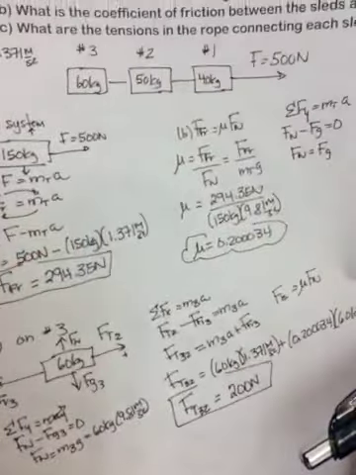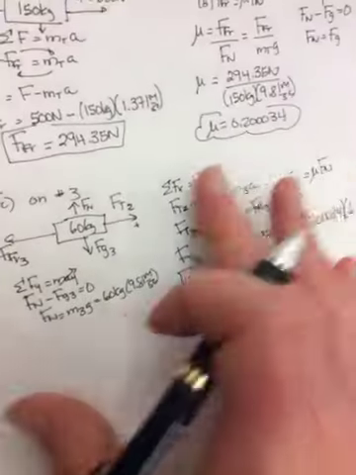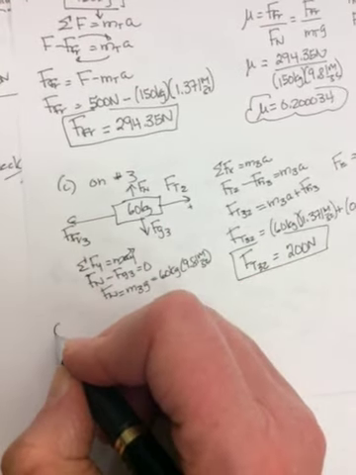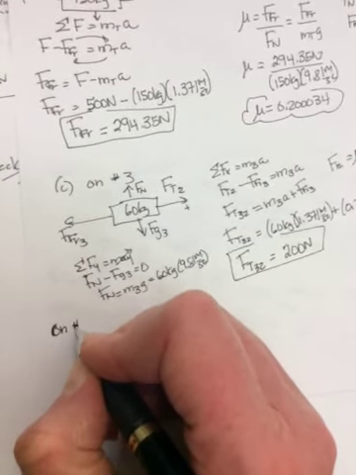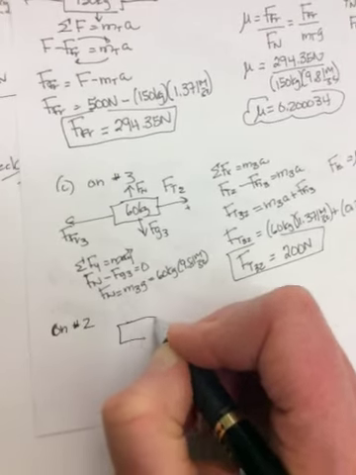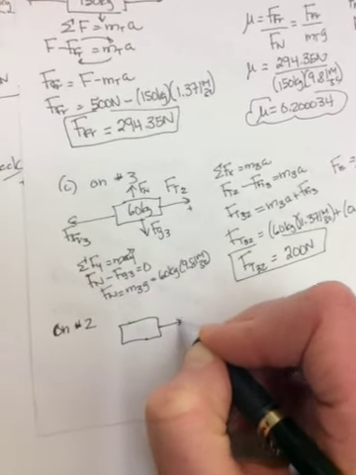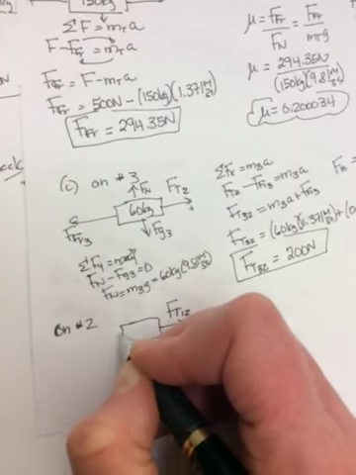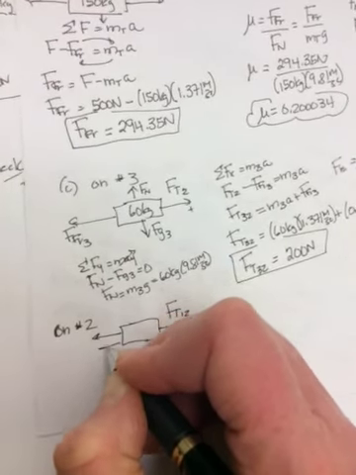Now we need to find the tension between box 1 and box 2. So to do that, look at number 2. On number 2, pulling forward will be Ft1 on 2, and pulling backward will be 2 forces.